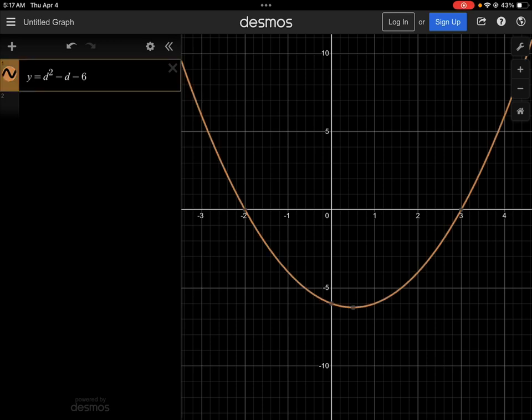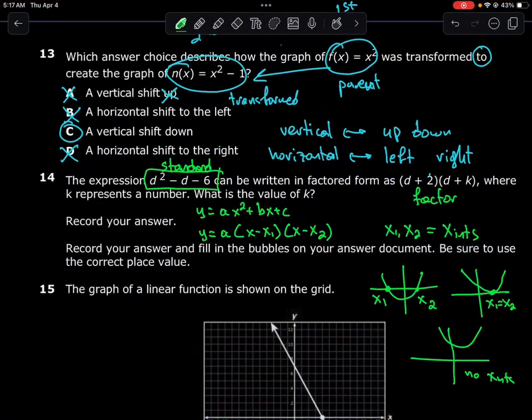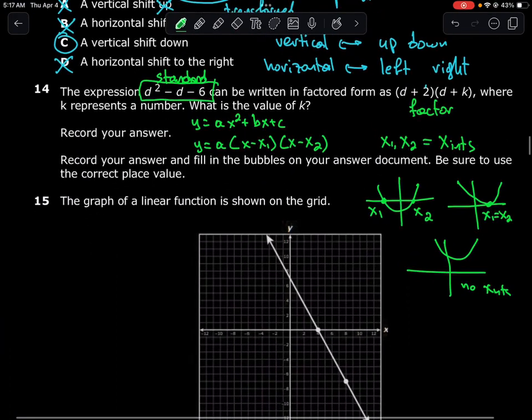All right, I did that. Now I can find the x-intercepts. They're -2 and 3. What does that mean? If I go back here, I have this case, and x1 is -2, x2 is 3. They could be both negative, they could be both positive, they could be one negative, one positive, it doesn't matter.